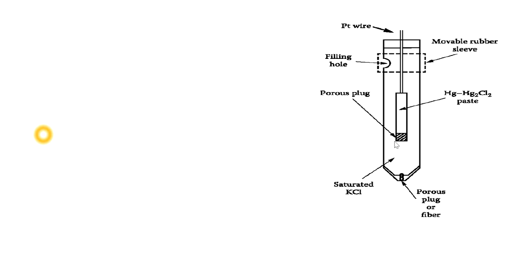You can see it's an electrode made of mercury paste with a porous layer. It's connected with the mercurous chloride and potassium chloride solution, and here it's connected with platinum wire. You can connect to another electrode through this porous plug.